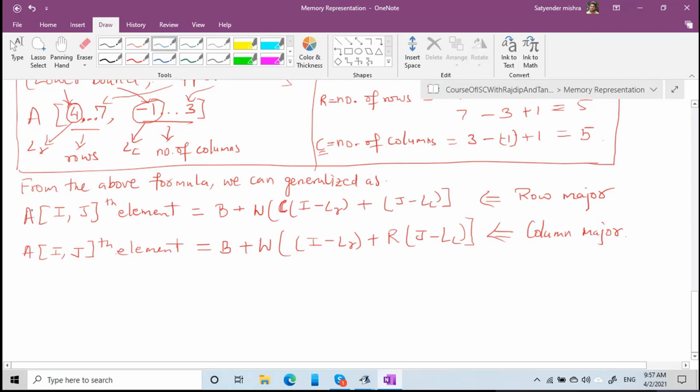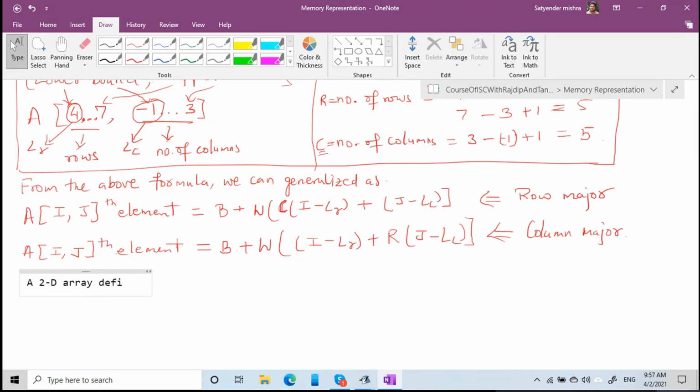Let me change the color here. Let me type it down; it is easier to type it instead of writing on the screen. So, 2D array defined. When you are solving the normal case, generally our array starts from 0 and ends at n minus 1 or length minus 1.